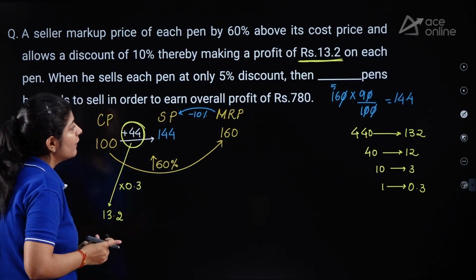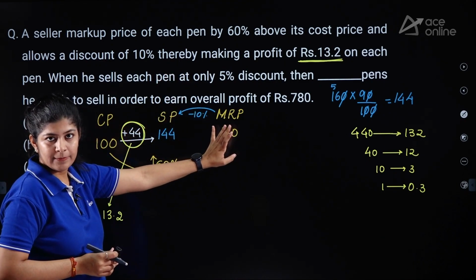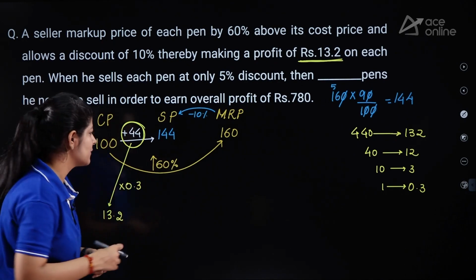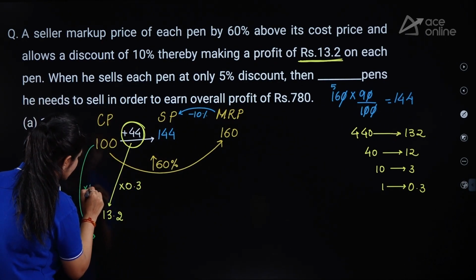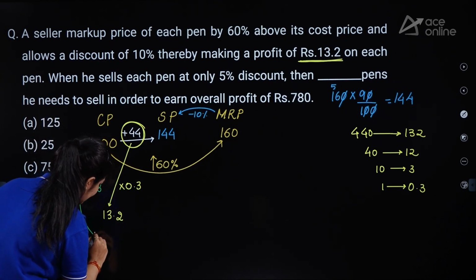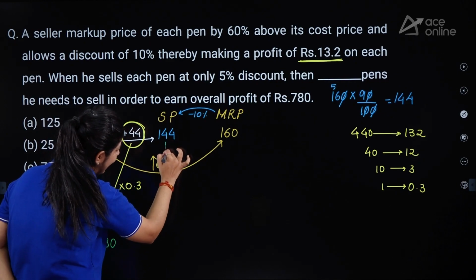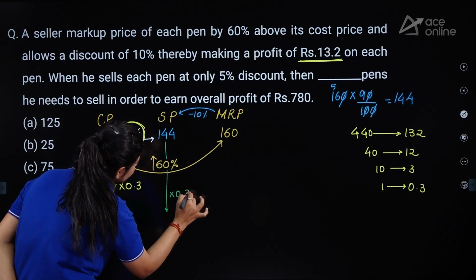Here we only have to focus on the SP and the MRP. But suppose I need to calculate the CP as well, how will we do it? Just multiply by 0.3, so the CP will come as 30.